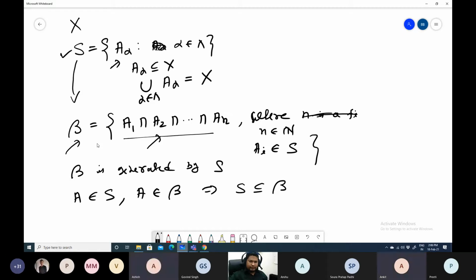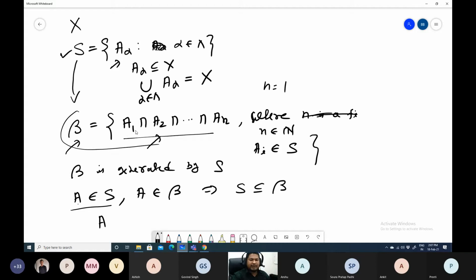Sir, can you repeat this? How is A contained in beta? Because take an element A belonging to S. Now what is beta? Beta is the collection of all finite intersections, where n belongs to the natural numbers. Suppose n equals 1. That means a single element, a1.